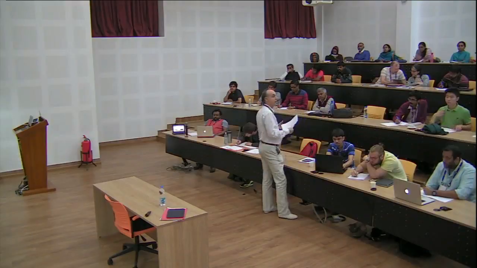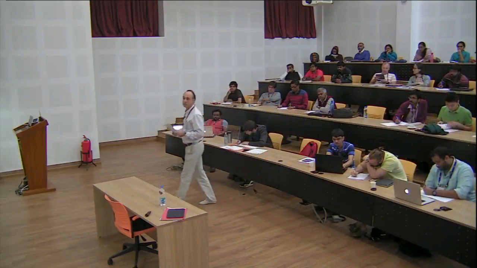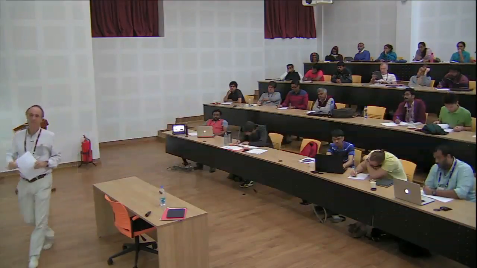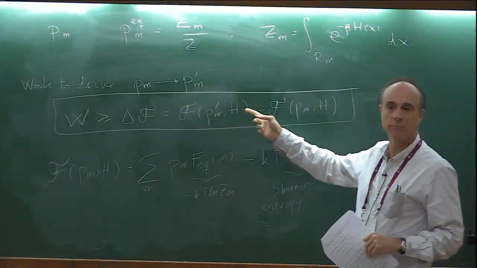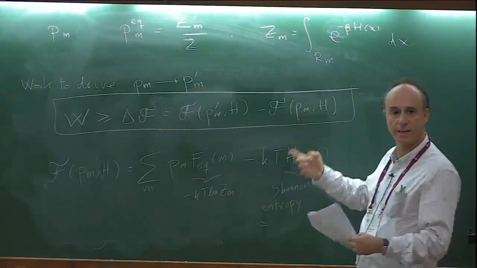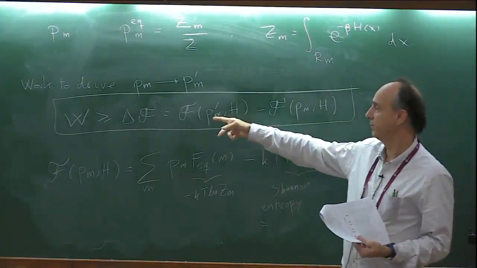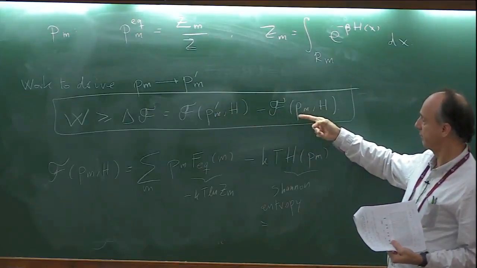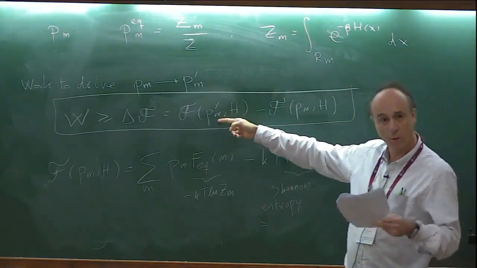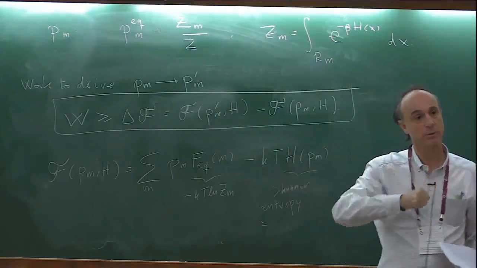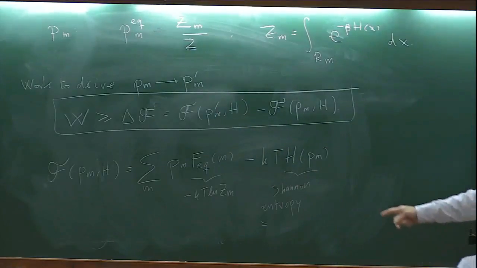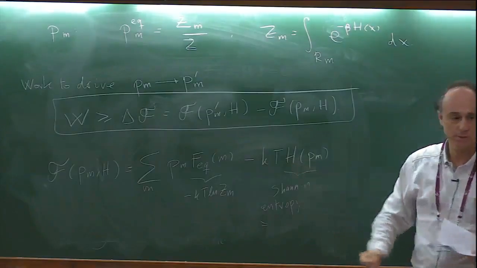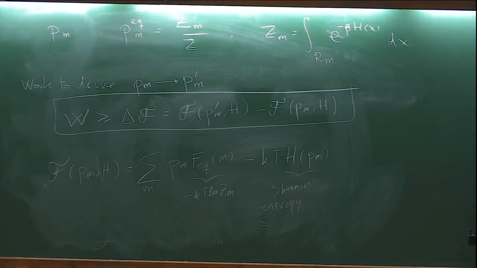Because if I have a very high free energy state, and I go to a lower free energy state, I extract work. This equation is telling me that if I have a memory which is very well ordered, I can extract work from this memory.